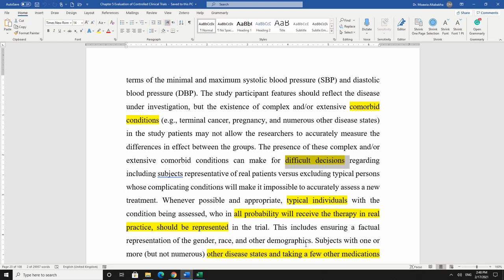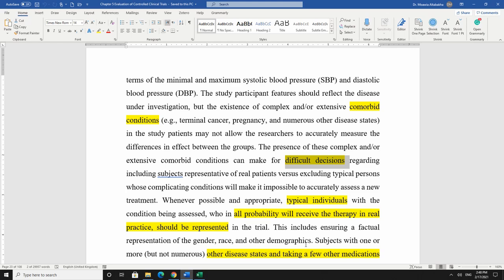And this is very important, because if your drug is really effective in this representative sample, then the results of the clinical trial can be applied to the population. So external validity, if you remember. Okay, so you have here external validity.